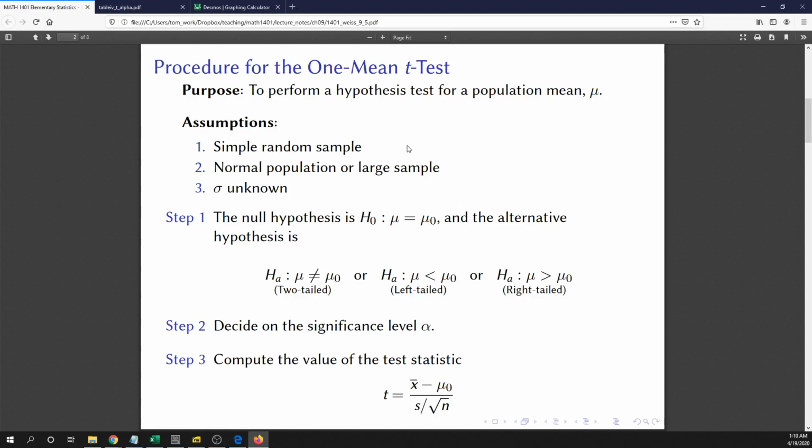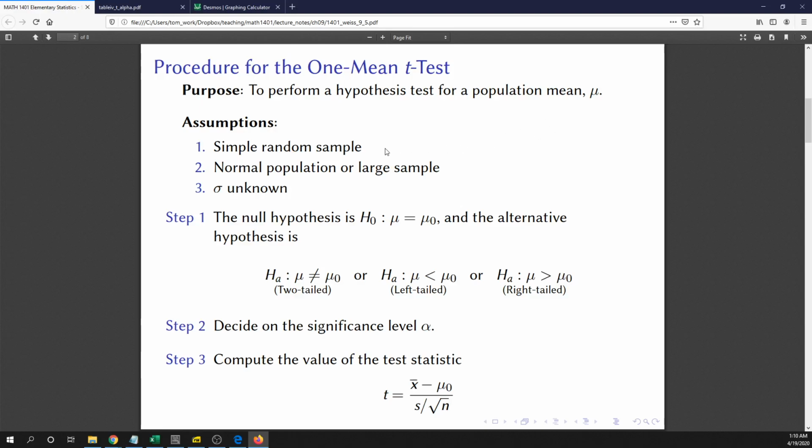You're going to see a lot of it is similar to the case where sigma is known, that is those problems from section 9.4. All right, so this is the procedure for the one mean t test. The purpose is to perform a hypothesis test for a population mean mu.